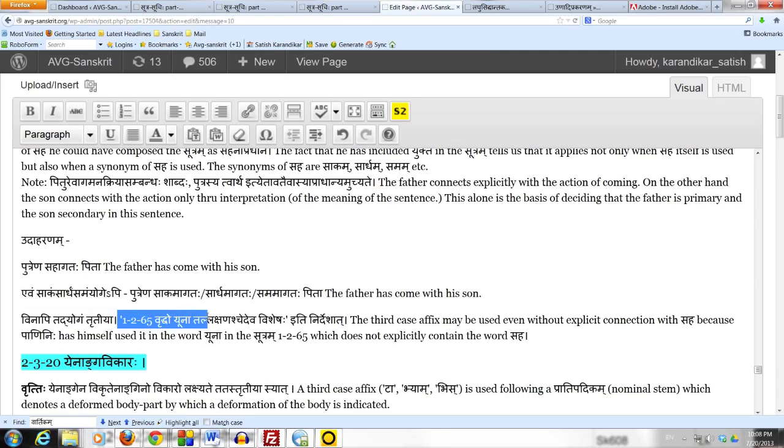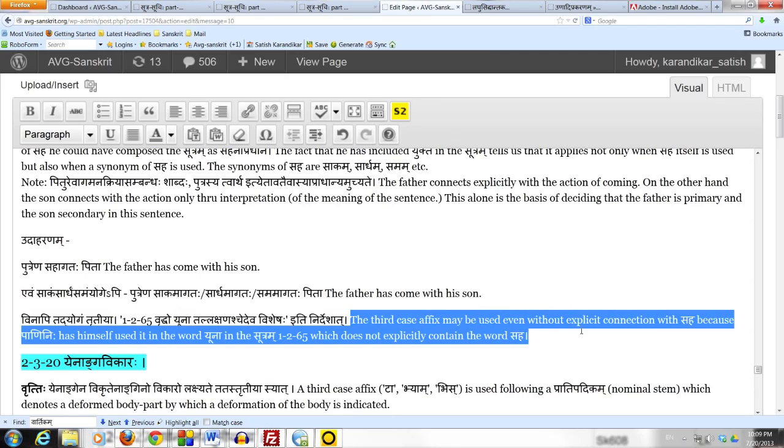So here, yuna has taken the third case affix. The pratipadikam is yuvan. But there is no explicit mention of saha or a synonym of saha. Saha is only implied here. So this gives us an indication that the third case affix may be used even without the explicit connection with saha. As long as we can understand that there is an implied connection with saha, that is enough to assign the third case affix following the pratipadikam, which denotes the non-primary agent of the action.